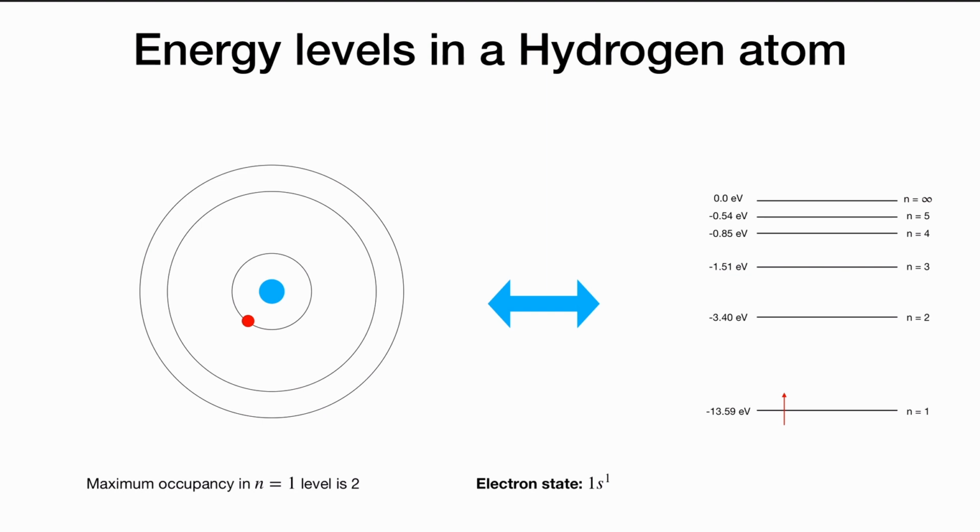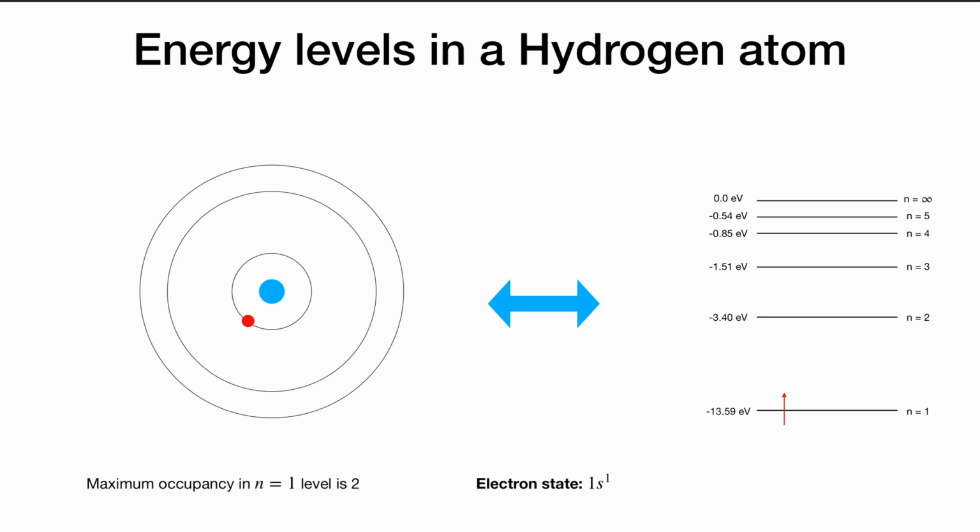Now, this is true for when we're dealing with one electron, and it's one hydrogen atom. And it's very clear when we're dealing with one hydrogen atom, like for instance, hydrogen has only one electron, hence its energy state is going to be one electron in the first energy orbit.